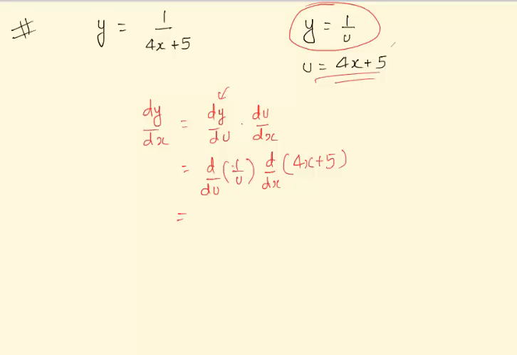Now this is u to the power minus 1, so the differentiation will be minus 1 u raised to the power minus 1 minus 1, which is minus 1 by u square, into d by dx of 4x will give you 4. The answer would be minus 1 by 4x plus 5 whole square into 4.